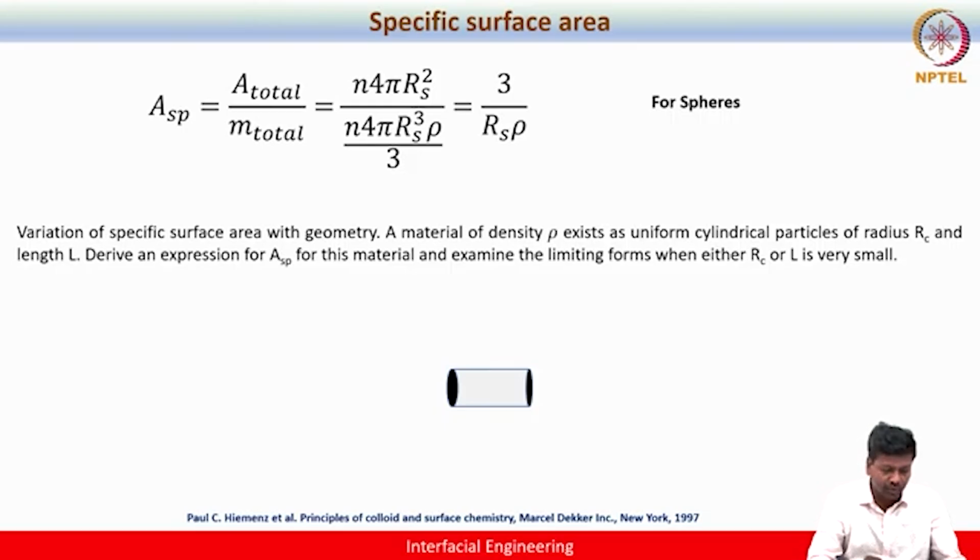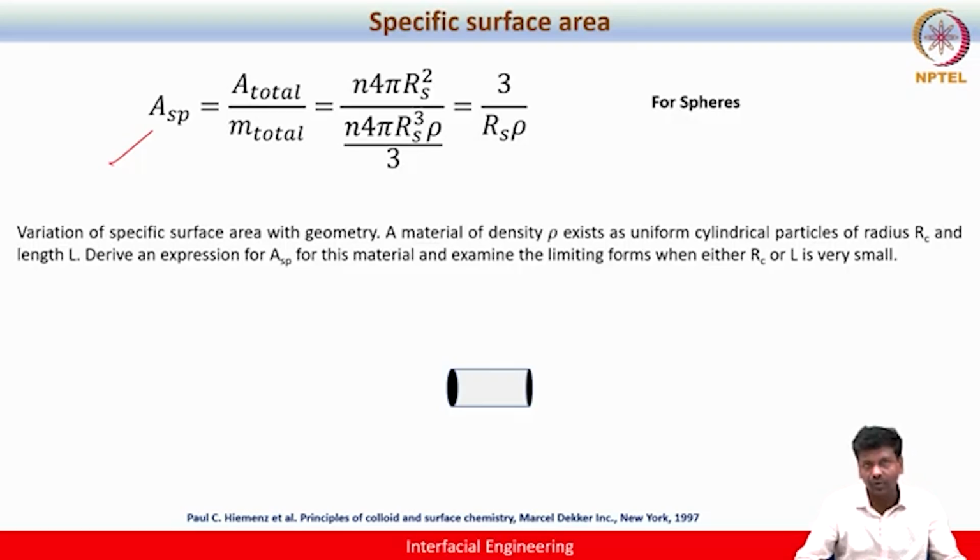So here we look at a simple exercise for specific surface area. How will you calculate specific surface area for a given object? Let's say we start with a spherical particle, right? So specific surface area is defined like this.